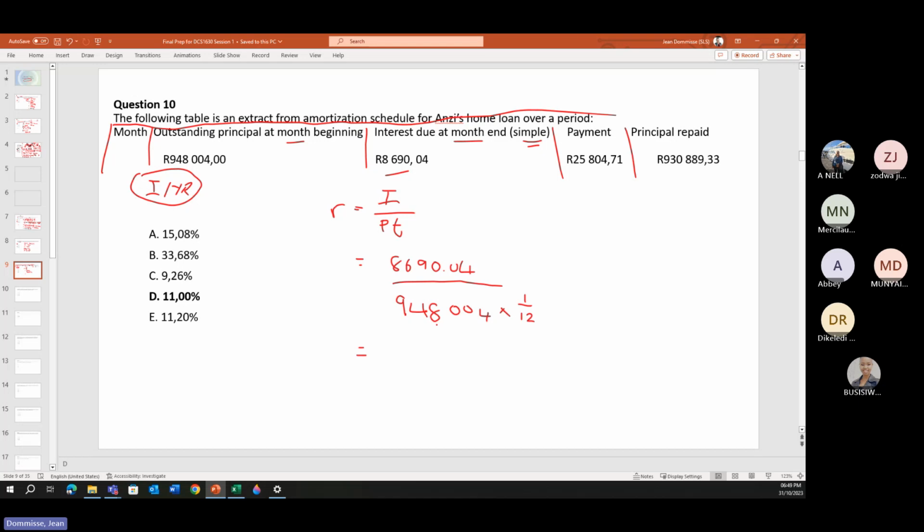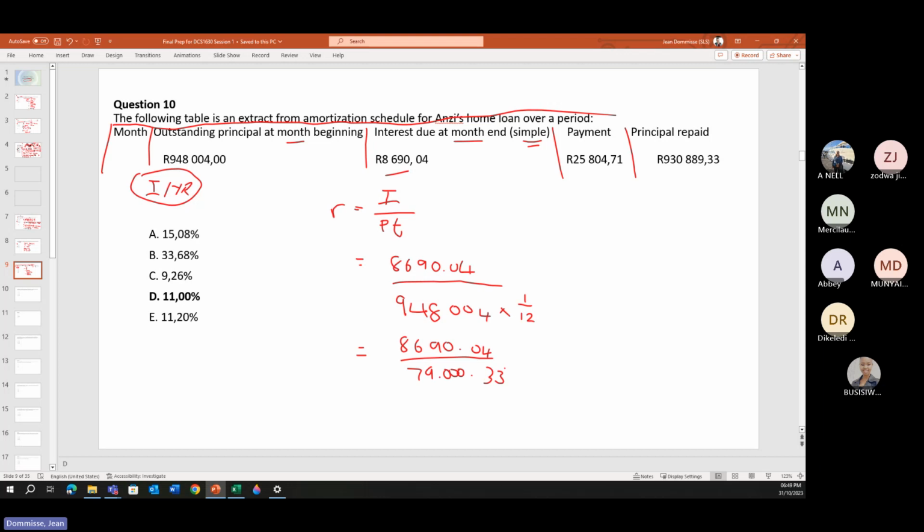So I'm first going to work out the 948004 divided by 12, which gives 79000.333.